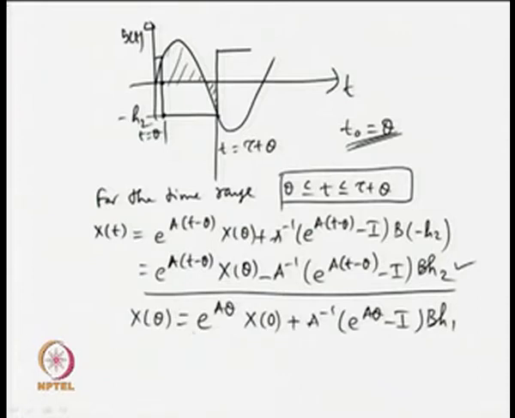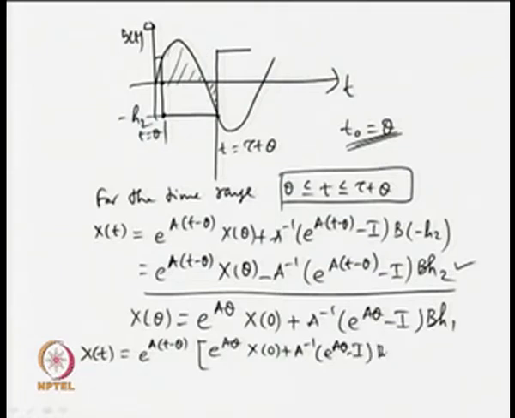When this x(θ) is used over here, finally, I get an expression for x(t) as x(t) = e^{A(t - θ)} (e^{Aθ} x(0) + A^{-1} (e^{Aθ} - I) B h1), then minus A^{-1} (e^{A(t - θ)} - I) B h2.